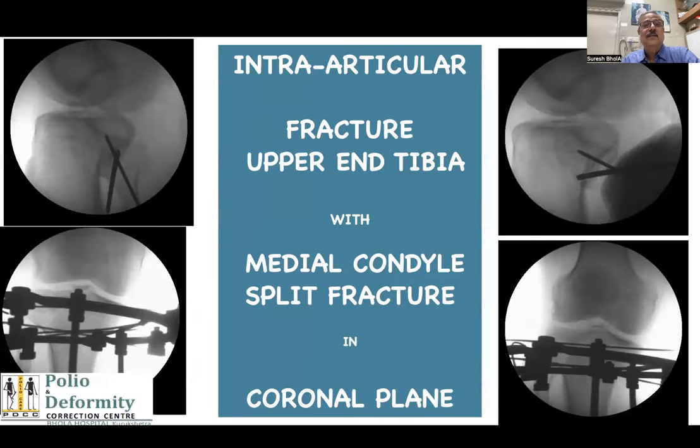Like in this case, we did, because this was an intra-articular fracture, upper end of the tibia with medial condyle split fracture in coronal plane. We just reduced those fractured pieces with the help of wires, held them, applied olive wires and plain Ilizarov wires, and this is the condition.